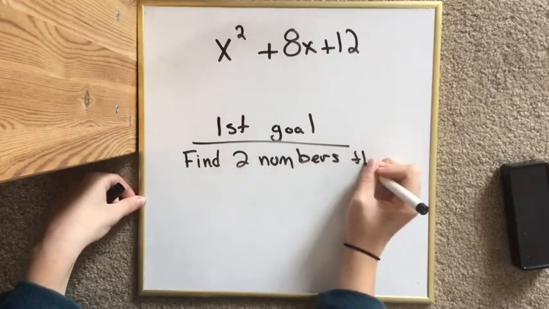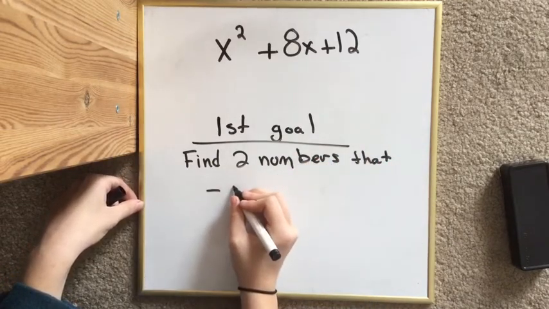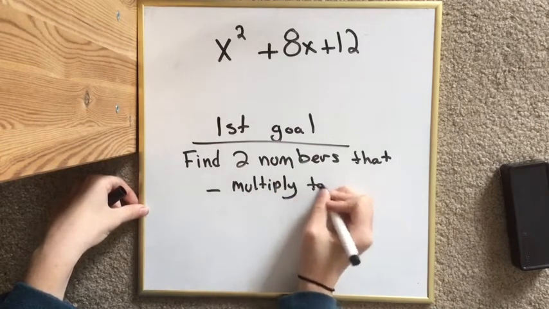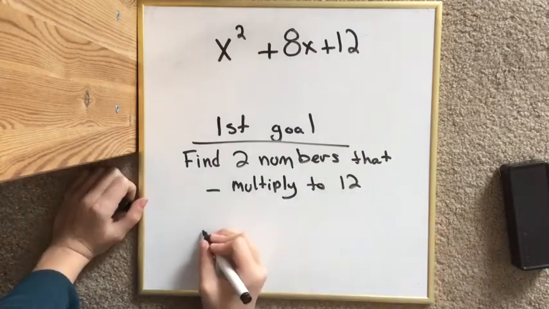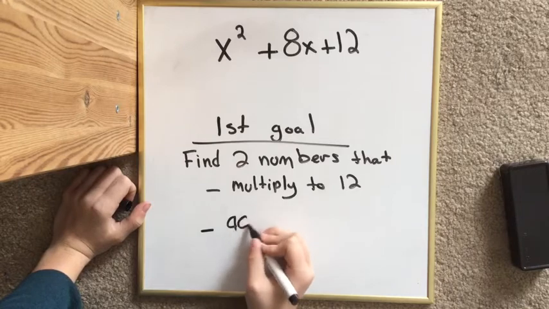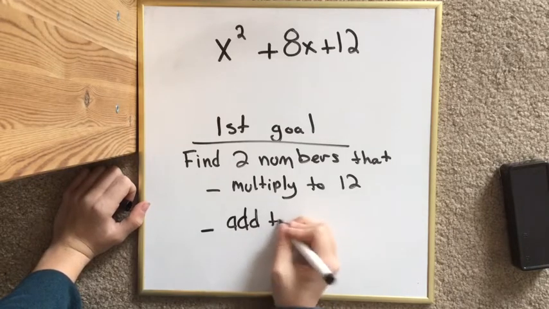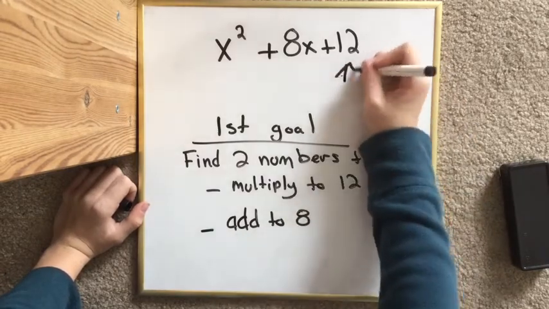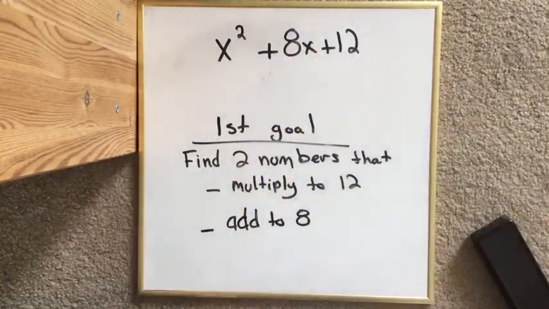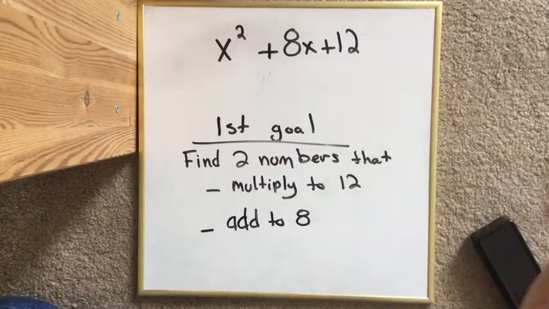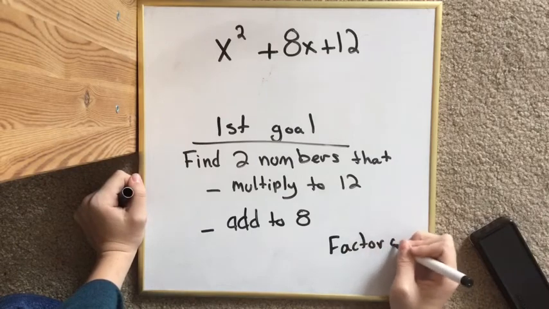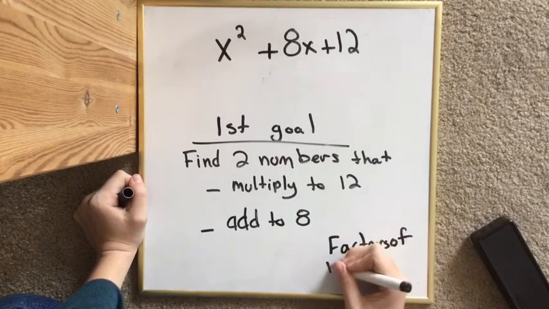The numbers have to multiply to 12, and they have to add to 8. And how do we get those numbers? Well, it always has to multiply to the number at the end and add to the number before the x, okay? So let's start by finding the factors of 12. So what goes into 12, and then we'll see if any of them add to 8.